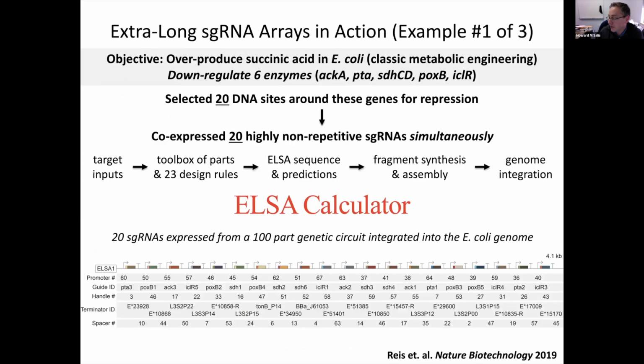And then one application of that is engineering extra long sRNA arrays that is expressing many CRISPR sRNAs at the same time. And this is also published in Nature Biotechnology. And here we demonstrate that you can actually express 20 CRISPR RNAs at the same time without triggering homologous recombination.